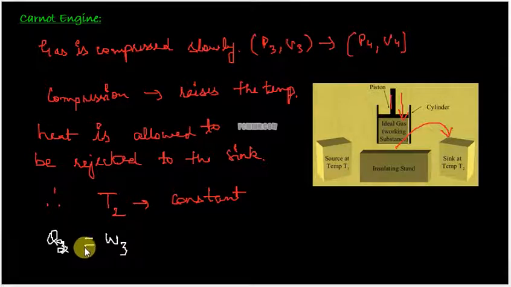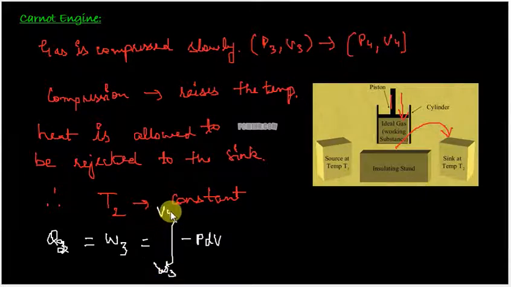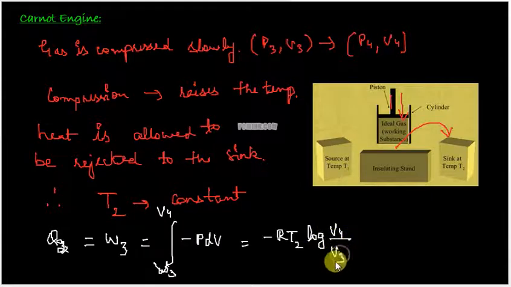So Q2 is equal to W3, and that is the integral of negative PdV. Negative because the work is done in compressing the gas. We are doing it from volume V3 to V4, and we again get RT, but this time with the negative sign: RT2 log of V4 by V3, following the same steps of integration.